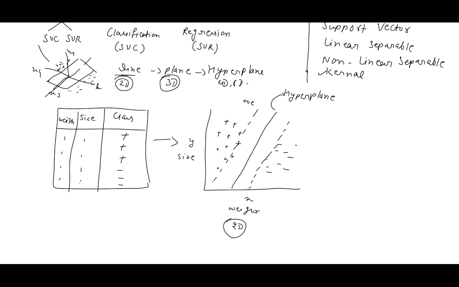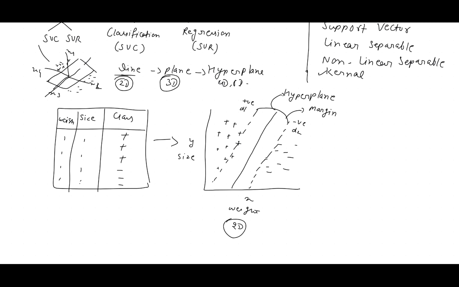We can name it positive D1, or if you have another class, you can rename it. The data points below this line have the negative distance, and this is in total called margin.